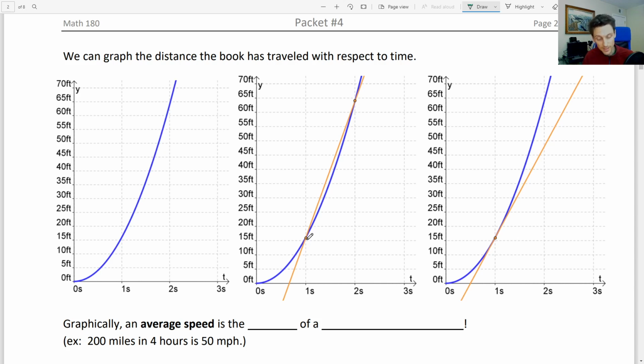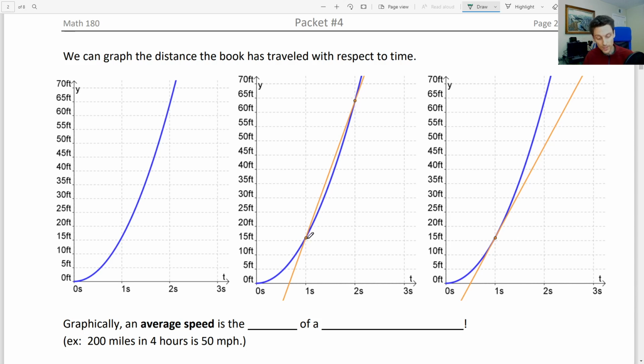And to visualize what we did for calculating an average rate of change, so an average speed of the book over a time interval, we can take the two t values of our time interval, like t equals 1 second, t equals 2 seconds, and plug them into our function, which means going up to the graph of the distance function, and the y value of that point gives you the distance traveled for that t value.